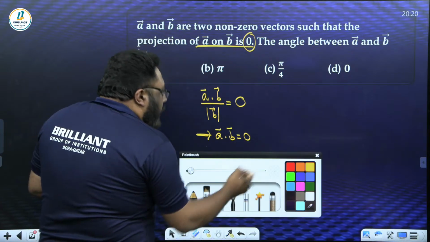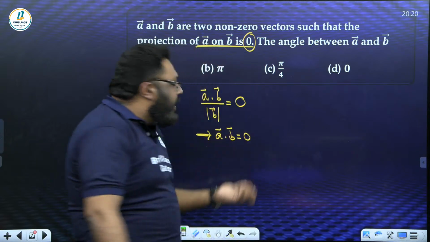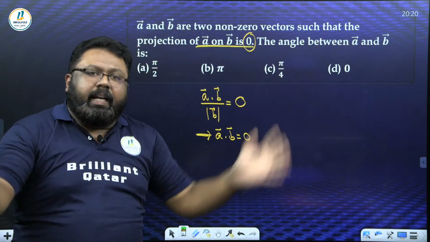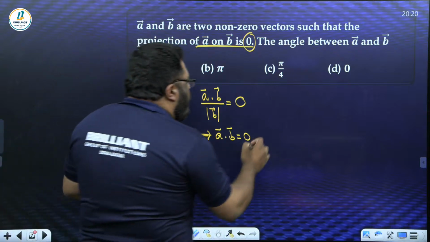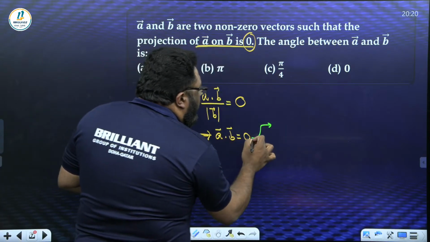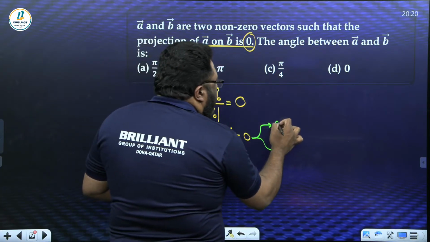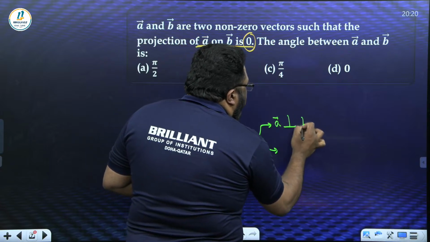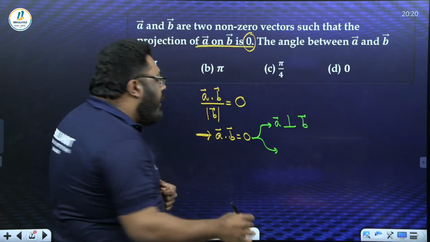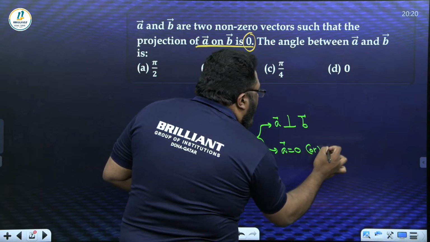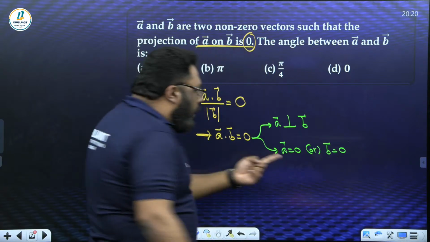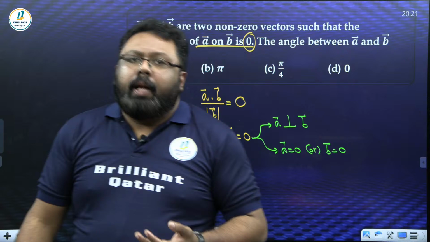Remember, normally when somebody sees A dot B equal to 0, immediately they conclude that A is perpendicular to B. But it's not always true, okay? A dot B equal to 0 could have two cases. First, definitely A perpendicular to B. Second, if A equals 0 or B equals 0, then also the dot product is 0, right?